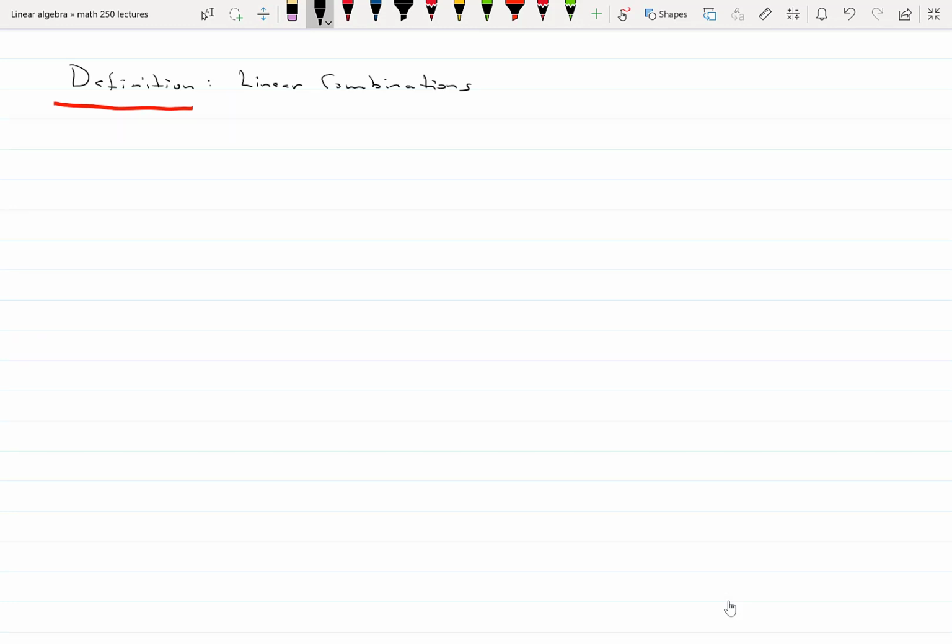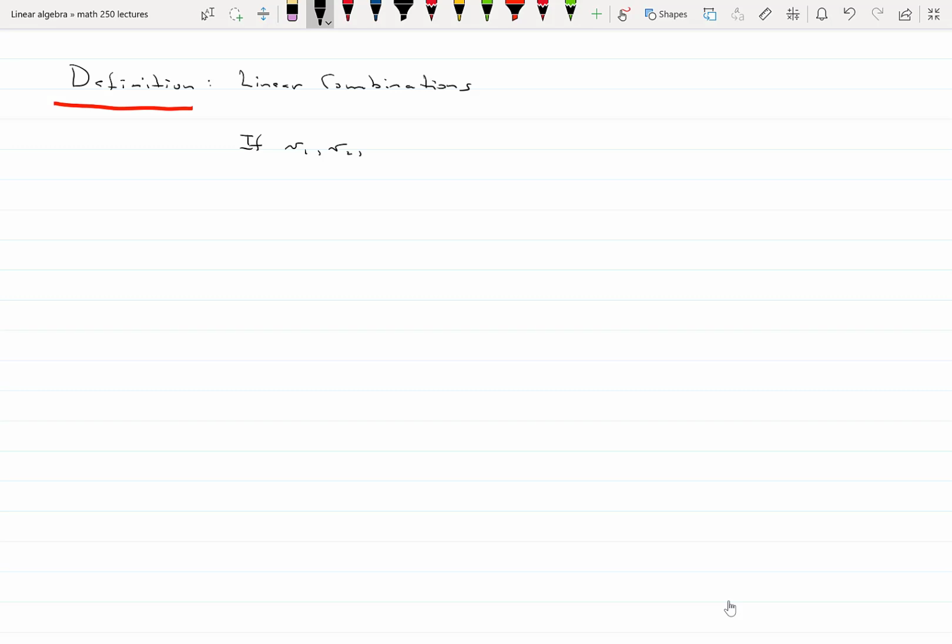We start up the next part of this lecture with the definition of what are called linear combinations. So here we go. Let's assume we start out with n vectors from a vector space.